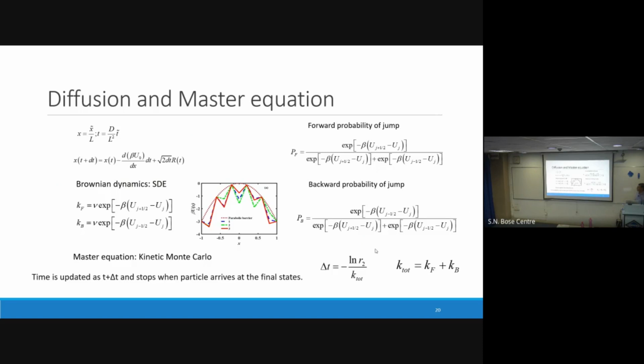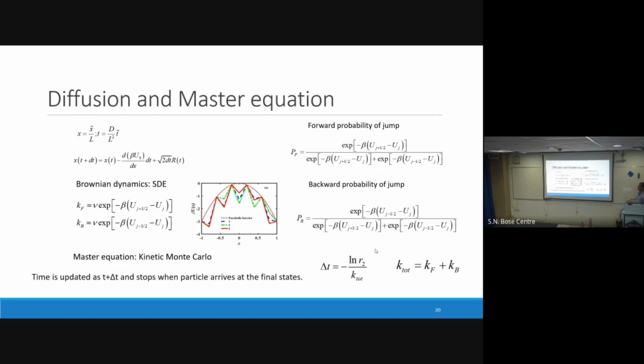The rate of the forward and backward jump can be given by this Arrhenius type equation, where this is the Arrhenius type coefficient, which is connected with the friction, and there is again the energy of the microstates or micro wells, and the barrier energies, J plus half and J minus half.